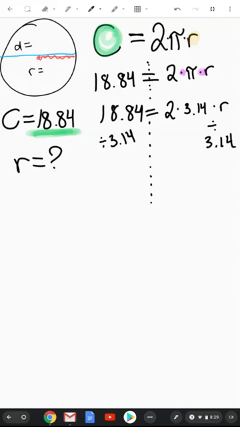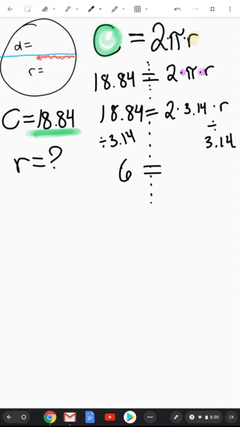I'm told that it is 6. So I go back over here, and when I type that into my calculator, 18.84 divided by 3.14 was 6. So 6 was the solution to that situation.